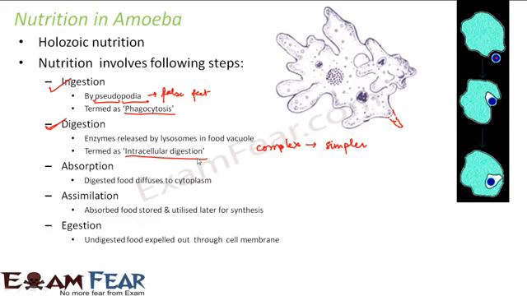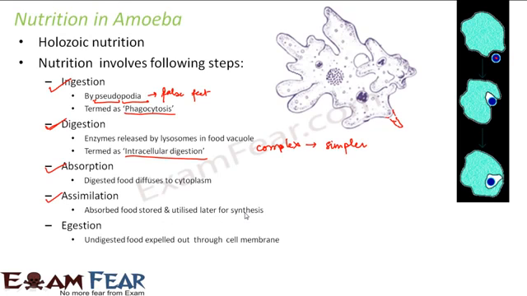The third step is absorption. What is absorption? The digested food then diffuses into the cytoplasm. Once the food is digested, that simple food will come back to the cytoplasm, and it gets spread all over. So the food gets absorbed by the cytoplasm. Now comes assimilation. The absorbed food is stored and utilized later for synthesis.